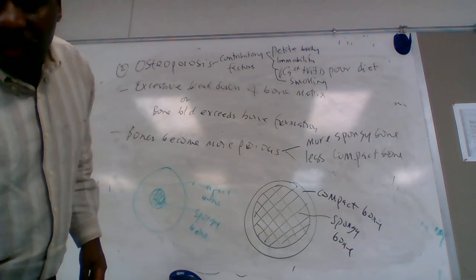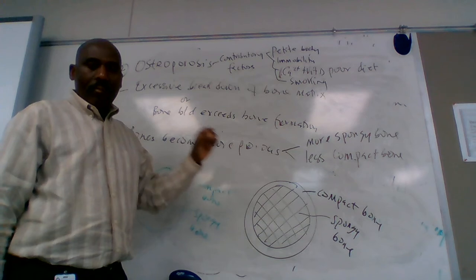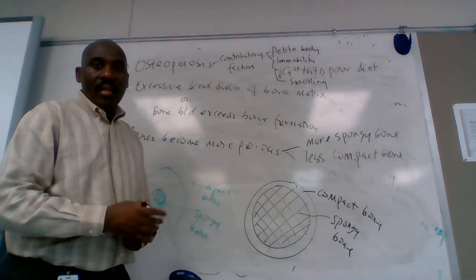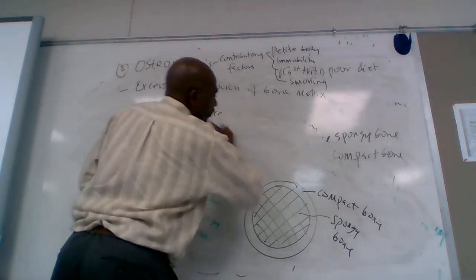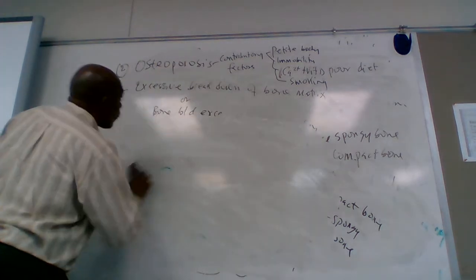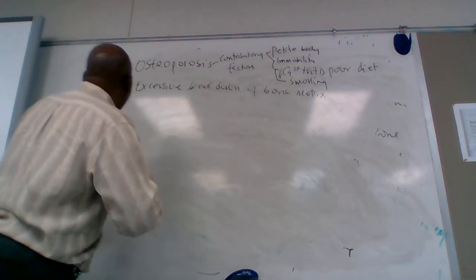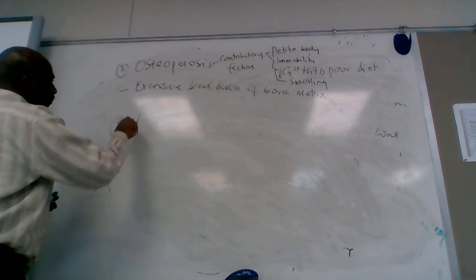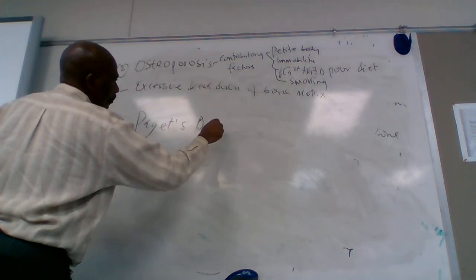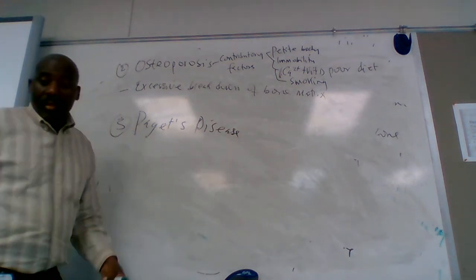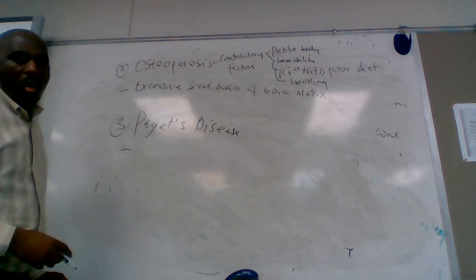All right. The third homeostatic imbalance of bone is Paget's disease. So how does this come about?